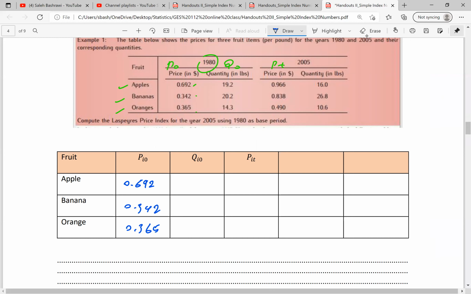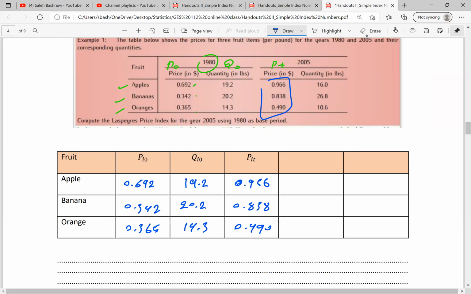Qi0 is given there: 19.2, 20.2 and 14.3. PiT is 0.966, 0.838 and 0.490.